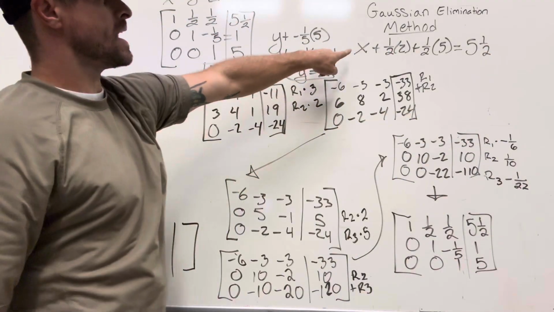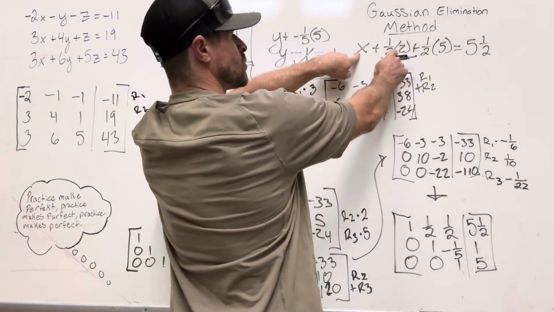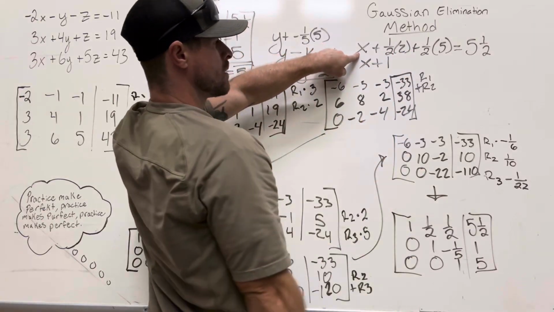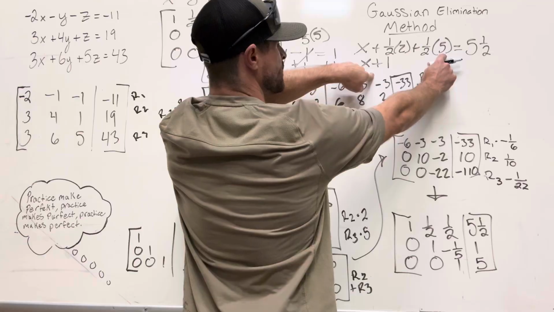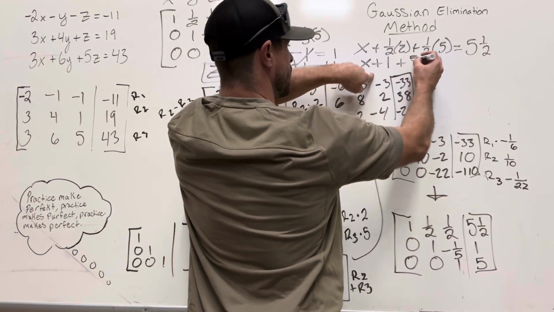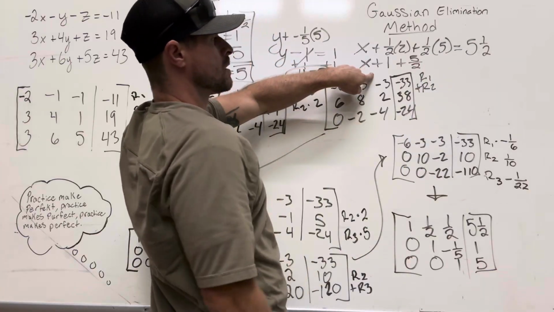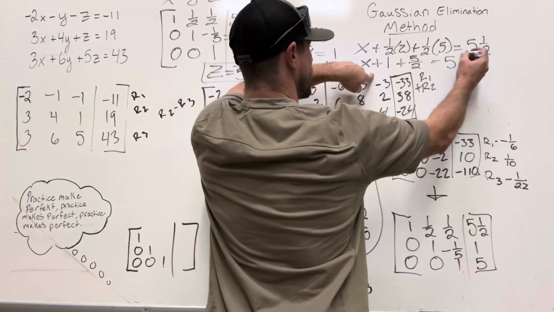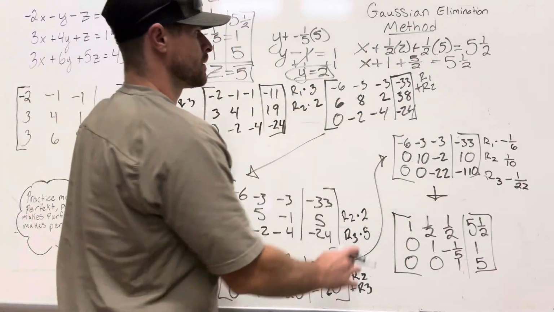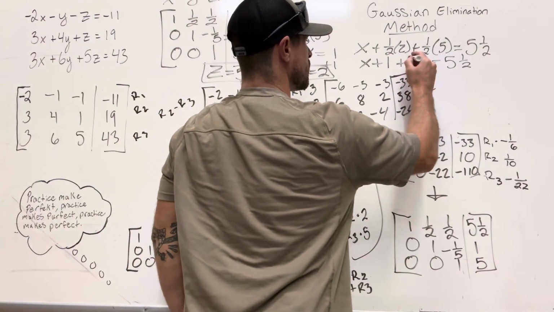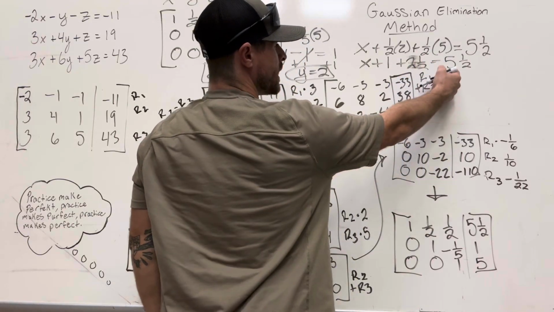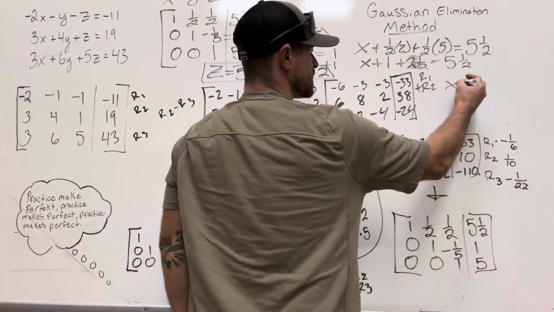Almost there. 2 times 1/2 is 1. 1/2 times 5 is 5/2, excuse me, which is 2.5. 1 plus 2.5 is 3.5, take that away from 5.5, and X is 2.